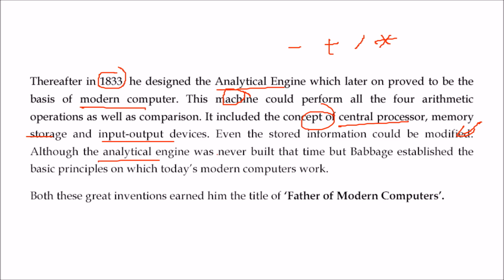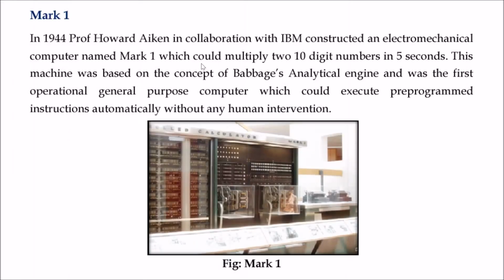This analytical engine was never built, but the basic principle which Charles Babbage established, today's modern computers work on this only. This is why he is the father of modern computers, Sir Charles Babbage.